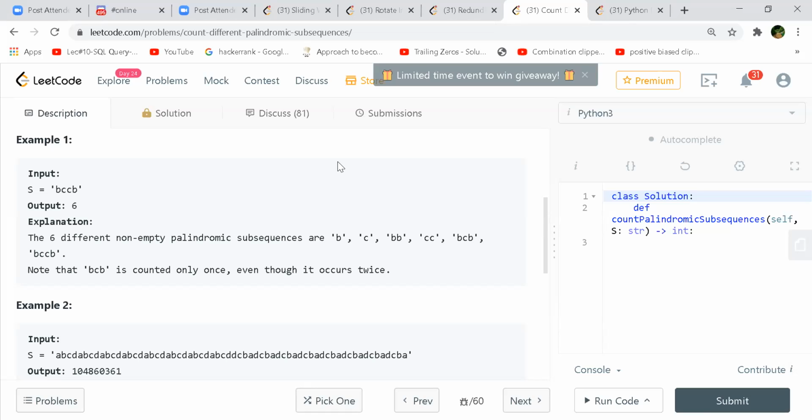But B and C, you'll have to do an extra way. You'll have to come out of the whole LCS way and then go through the string, put it in a set, and then add the size of the set to whatever you got from all those subsequences, and then you can return, and that will be your answer.